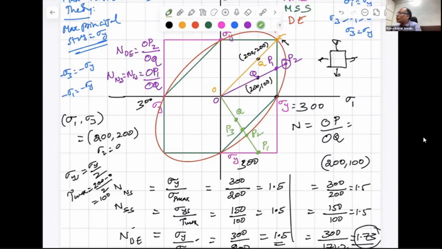So if the part is extremely critical and you don't want to take any risk, then you might want to use shear stress theory. But otherwise, it is better to use distortion energy theory, if you are very confident on the calculation of your stresses in the body. Then you probably want to use distortion energy theory in order to reduce the weight of the component because it is less conservative. Is that clear?